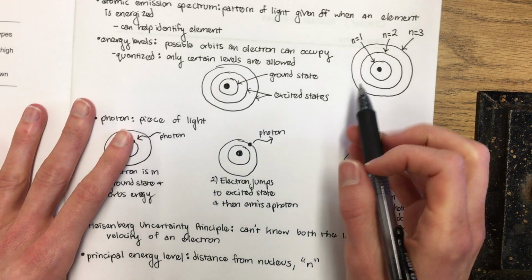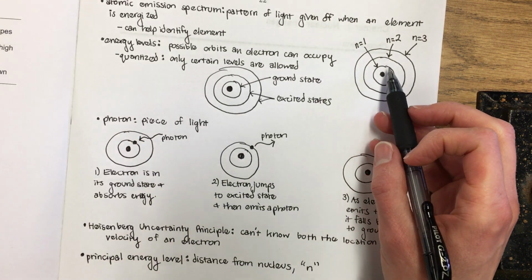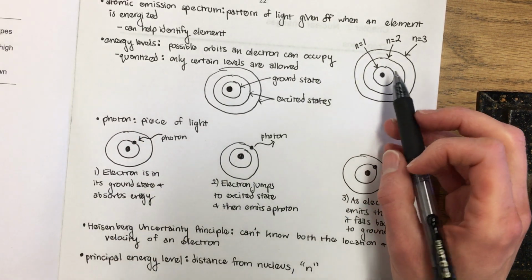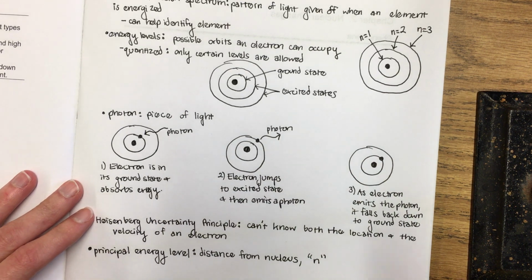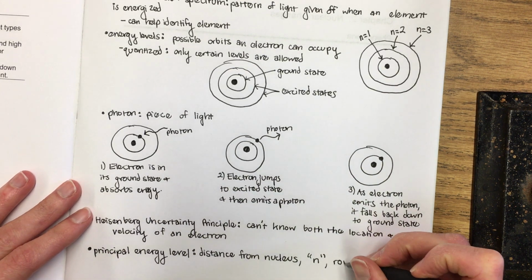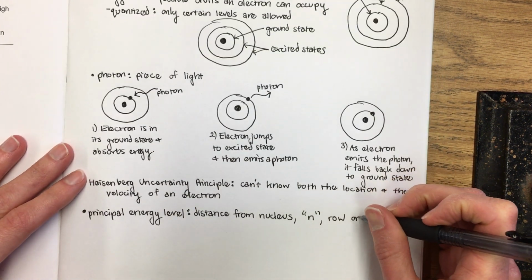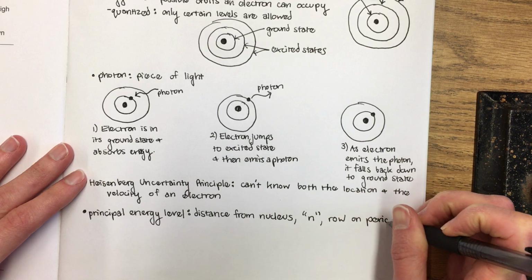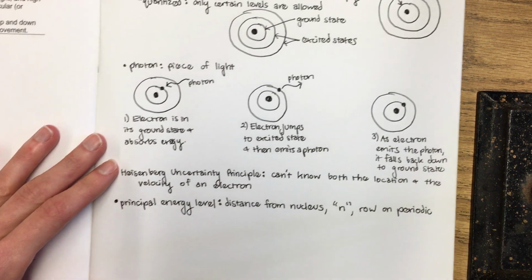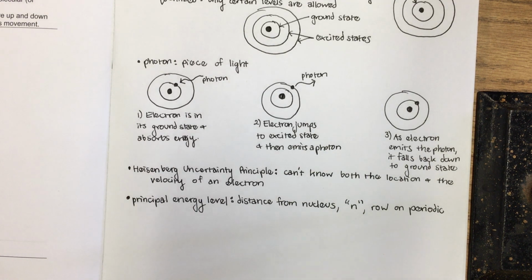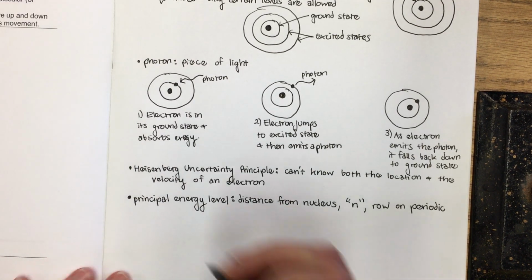So these principal energy levels are not as simple as a circle. I know we draw it like a circle, but it's a lot more complicated than that. I'm going to put rho on the periodic table here. Okay, within each principal energy level, there are these things called sublevels.